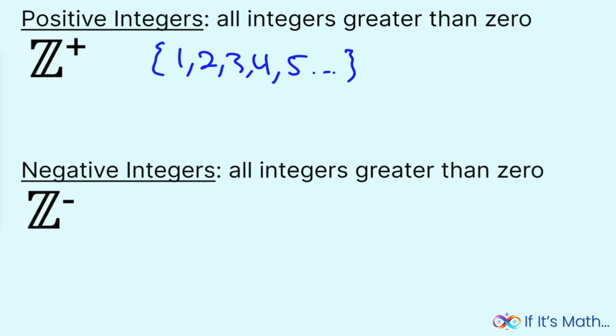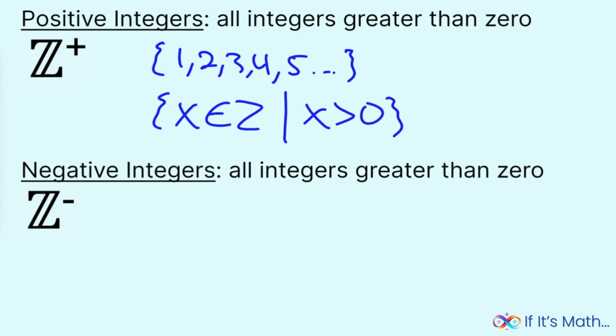So if you need the formal set notation for it, you've got the set of all numbers x that are integers such that x is greater than 0. That's how you get all those components. So all integers greater than 0. So negative integers are going to be the same space.